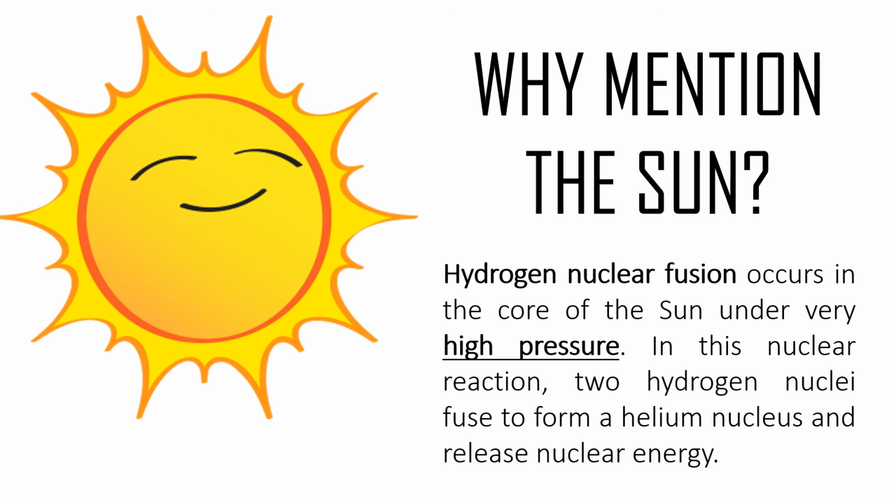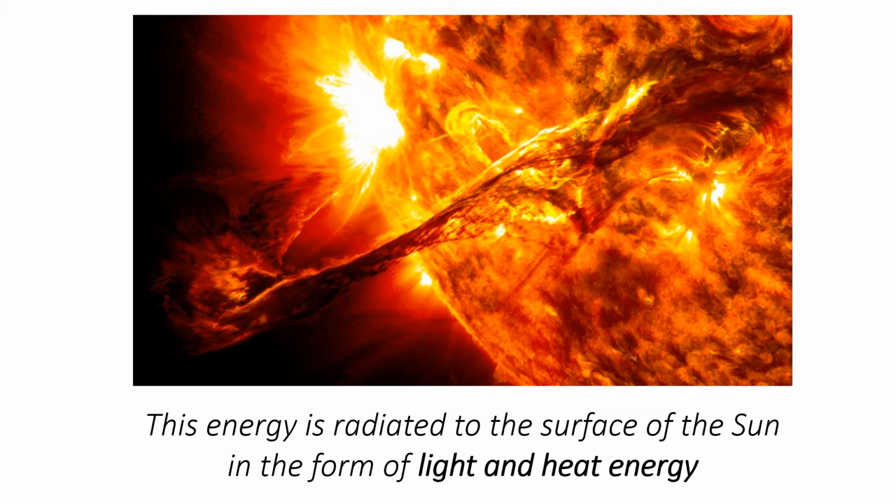Hydrogen nuclear fusion occurs in the core of the sun under very high pressure. In this nuclear reaction, two hydrogen nuclei fuse to form a helium nucleus and release nuclear energy. This is the image of light and heat energy radiated to the surface of the sun, so this energy is radiated in the form of light and heat.